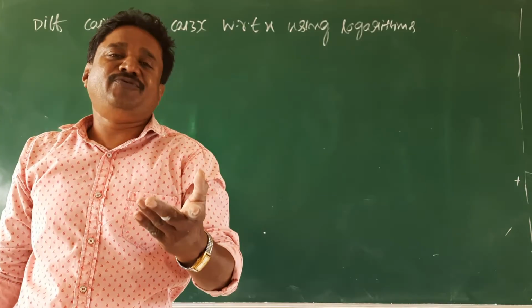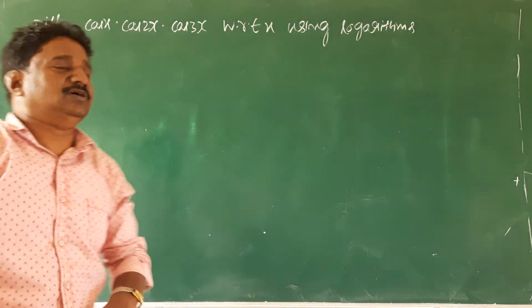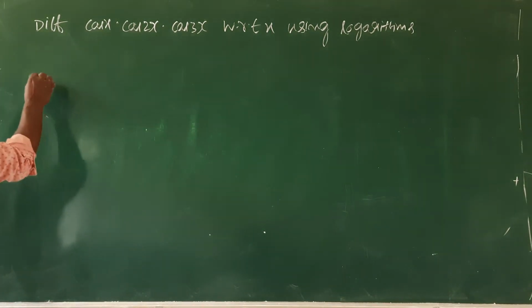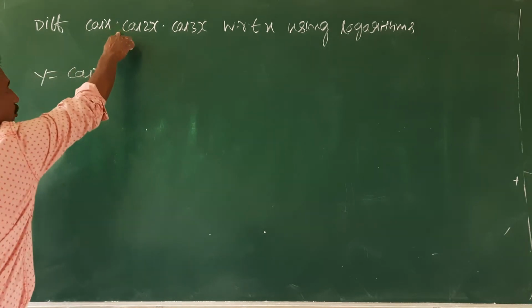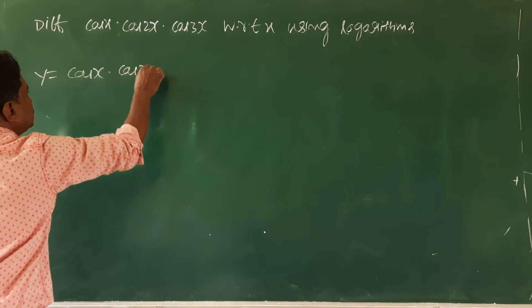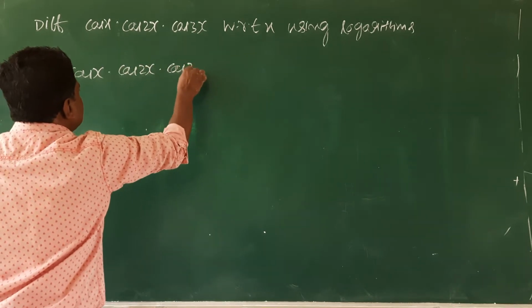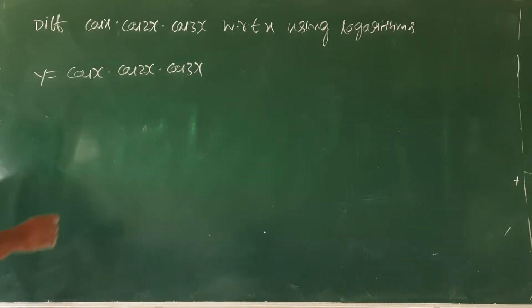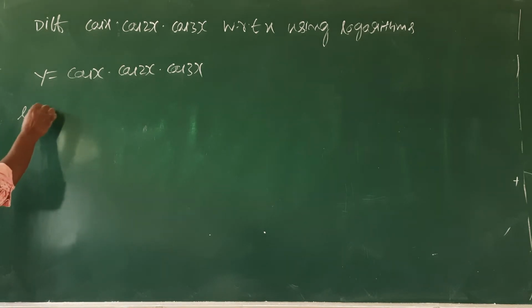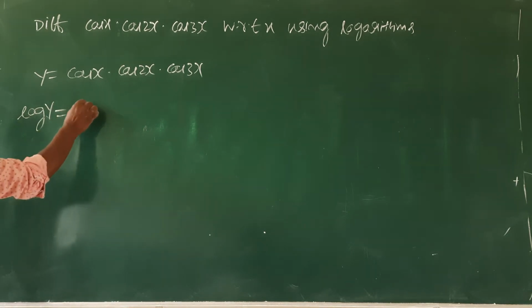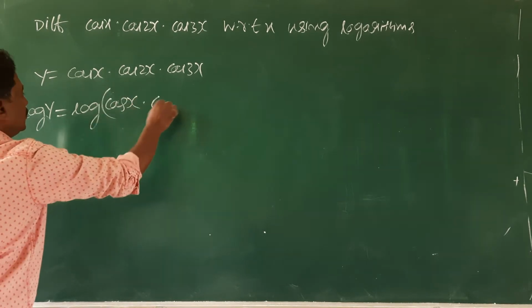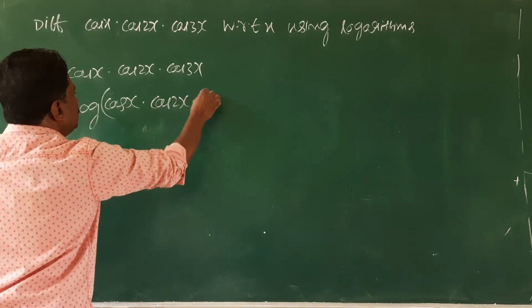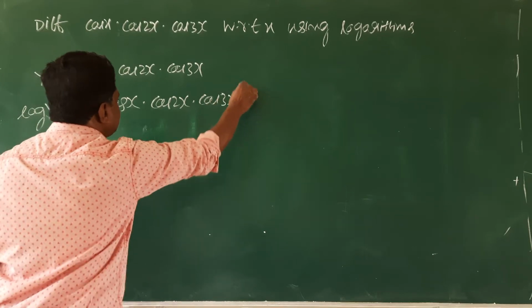So let's think of how to apply log. y is equal to cos x into cos 2x into cos 3x. Taking log on both sides, log y is equal to log of cos x into cos 2x into cos 3x.